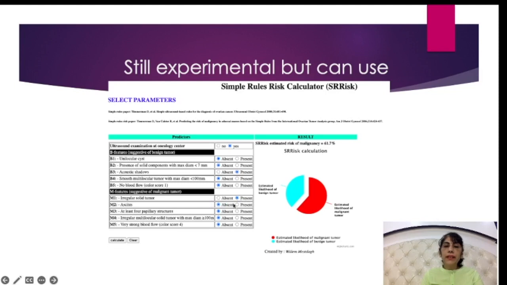If I calculate it by this SR calculator, you will find it on the net. If you search for simple rules risk calculator or SR risk calculator, you will find it on the net. Then press calculate and you will get the estimated likelihood of benign and of malignancy. So there is an estimated risk of 61.7% that this is likely a malignant tumor.